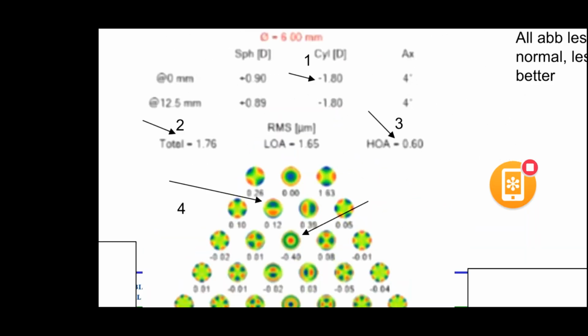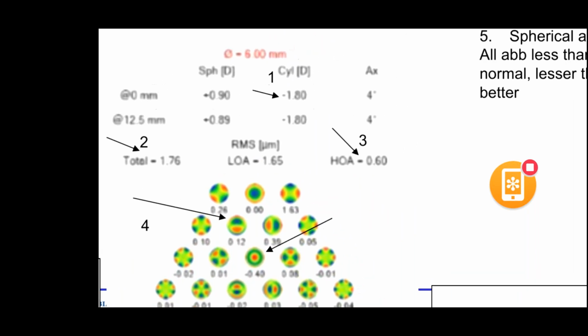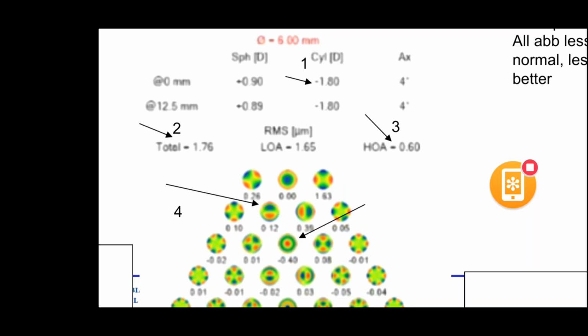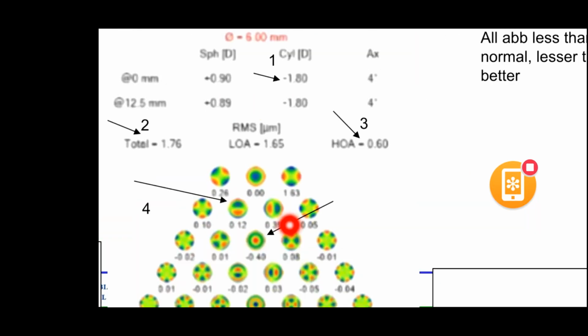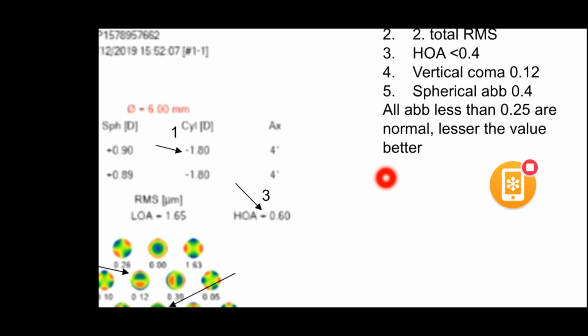What I really want to see is the spherical aberration and the vertical coma. You should read the numerical value below. It says the spherical aberration is about 0.4, which is quite significant, and the vertical coma is about 0.12. That's not too much, okay?